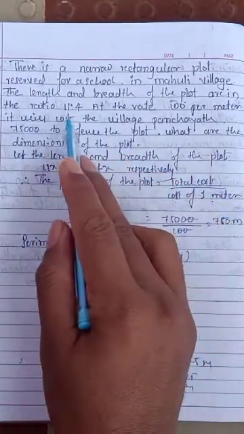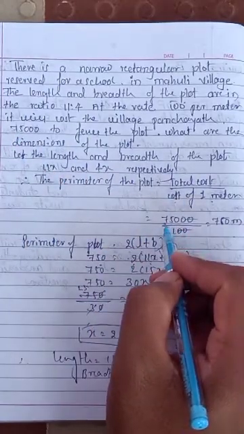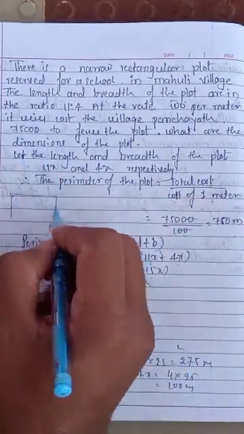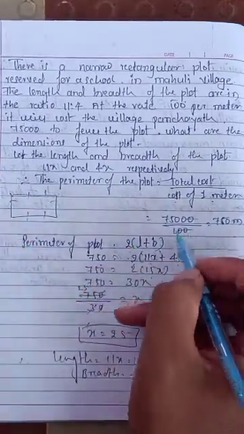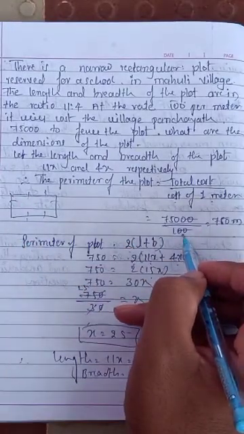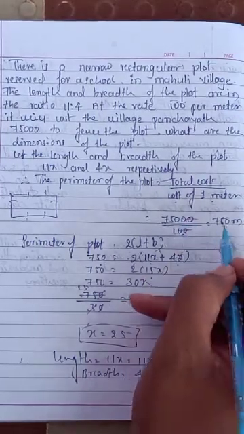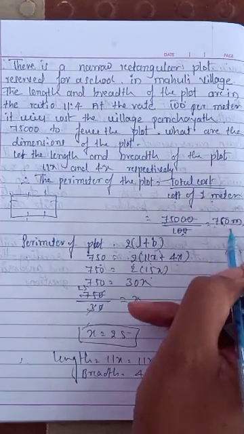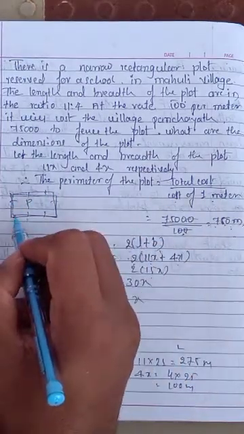The panchayat released the amount of 75,000 to fence the rectangular plot. Fencing is nothing but barbed wire. Next, divided by 100. The 0 0 get cancelled. Remaining is 750 meters. 750 is the perimeter of the rectangular plot.